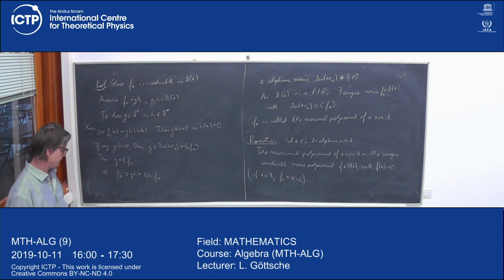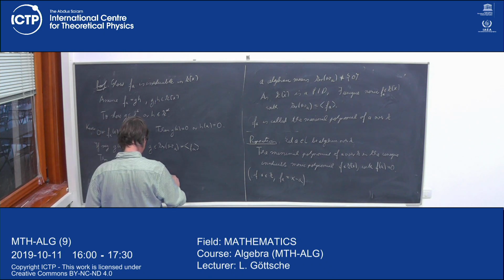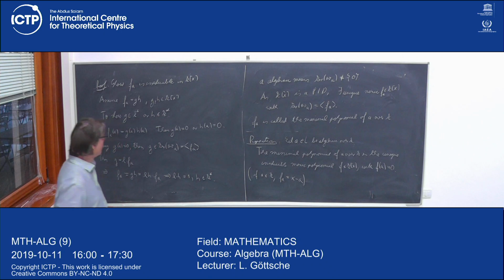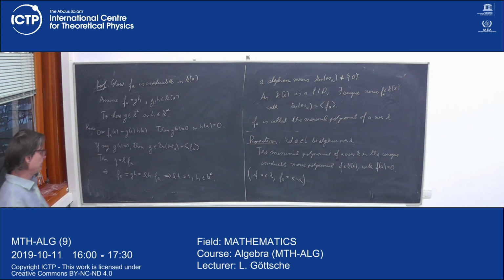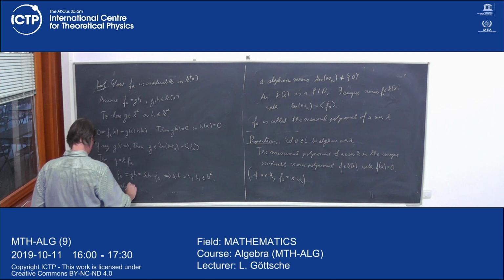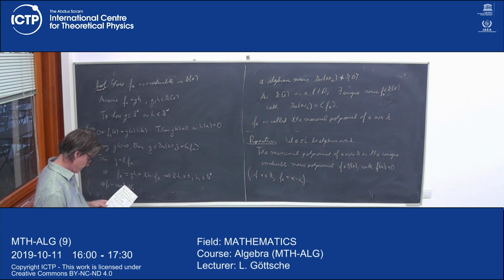And this means, because we are in an integral domain, that L times H is equal to 1. And thus H is a unit. It's an element in K star. Okay, so we saw that FA is irreducible.